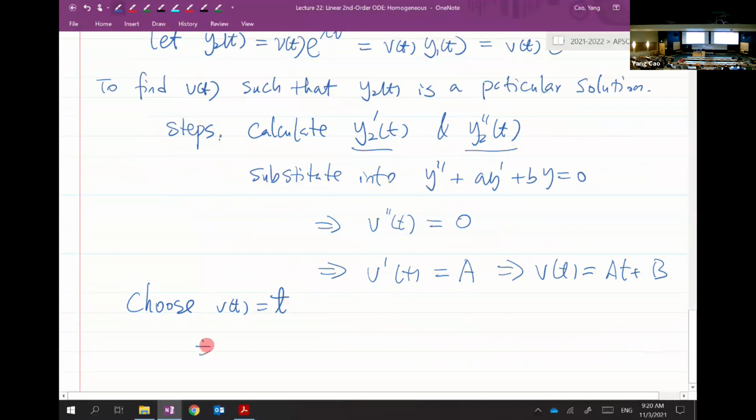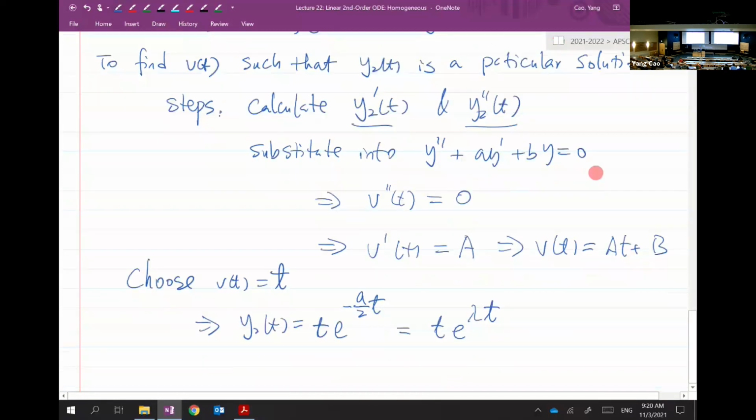So that means my y2 of t is t times e to the power negative a over 2 t, or e to the power lambda t. Lambda is the one repeated root. So now you can see this is a particular solution, and this is also a solution that's linear independent of the y1 of t.